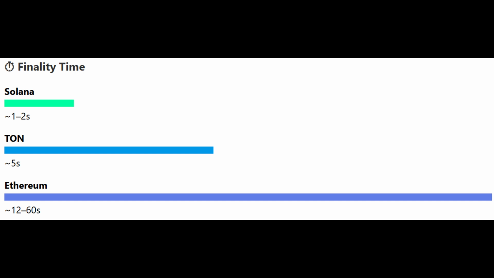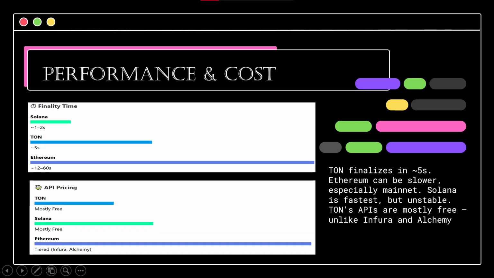When I say finality time, I mean how long it takes for a transaction on the blockchain to become permanent and irreversible. We're all on the blockchain basically because of its irreversible nature. So this is just showing you how long it takes for that to happen, with Solana in the lead, but Ton not far behind.